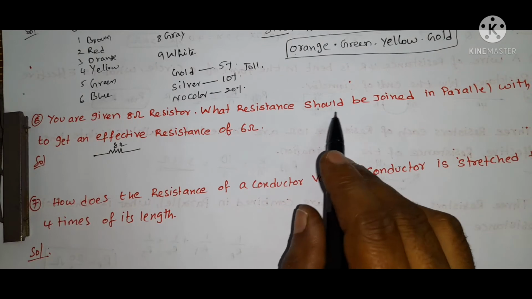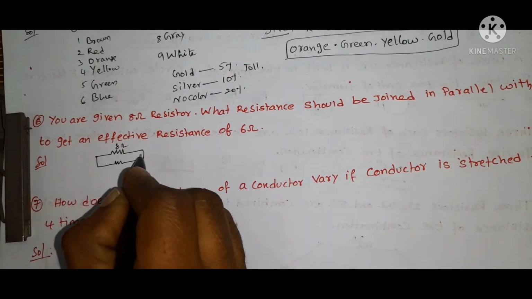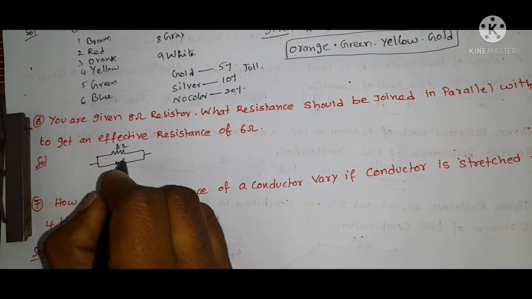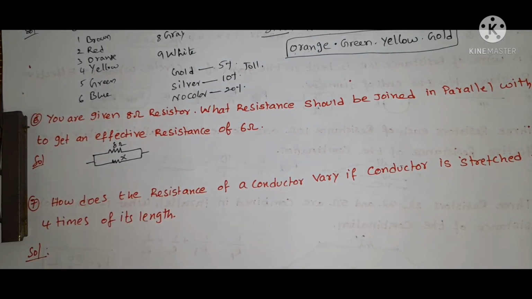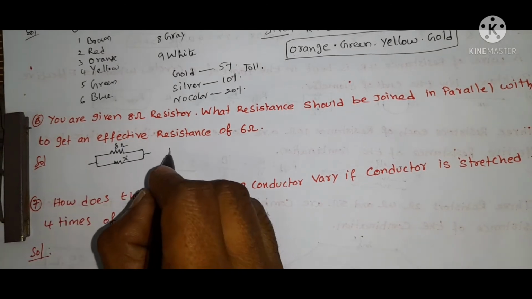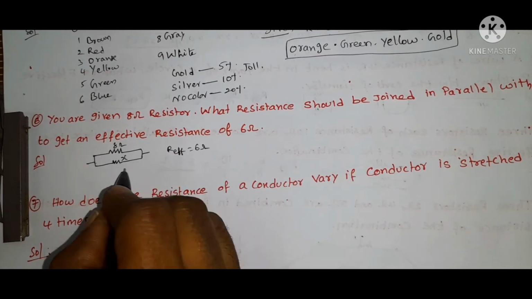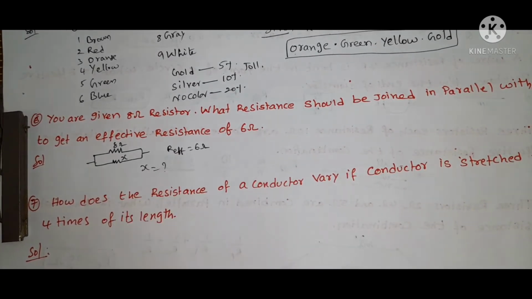What resistance should be joined in parallel? That means another resistance connected in parallel here. Say this is some X, with it to get the effective resistance, which will be 6 ohms. That means we have to find the X value.